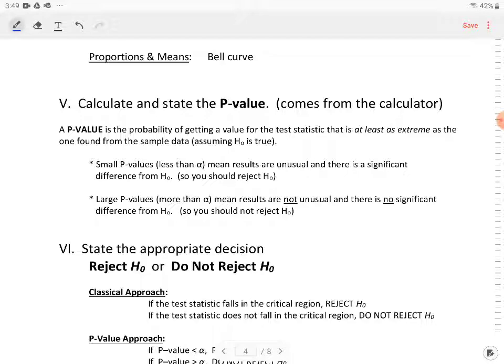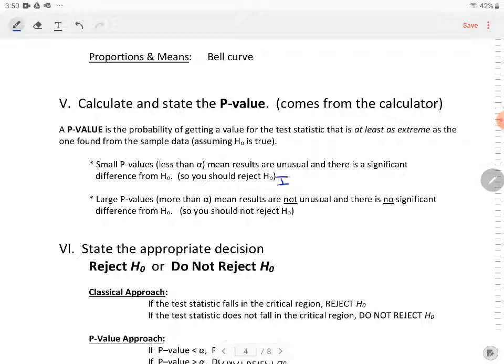We want to draw the appropriate graph and label the test statistic. It's really important that we can draw pictures here. Calculate and state the p-value. This comes from the calculator. The p-value is the probability of getting a value for the test statistic that is at least as extreme as the one found in the sample data, assuming H0 is true. So small p-values, less than alpha, mean the results are unusual and there's significant difference from H0, you reject.